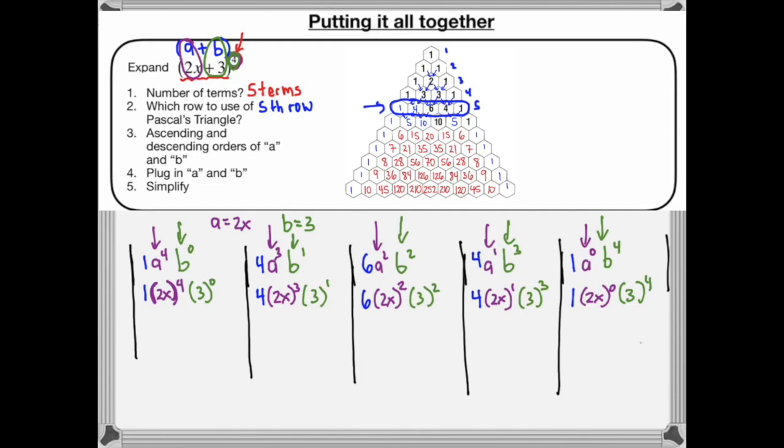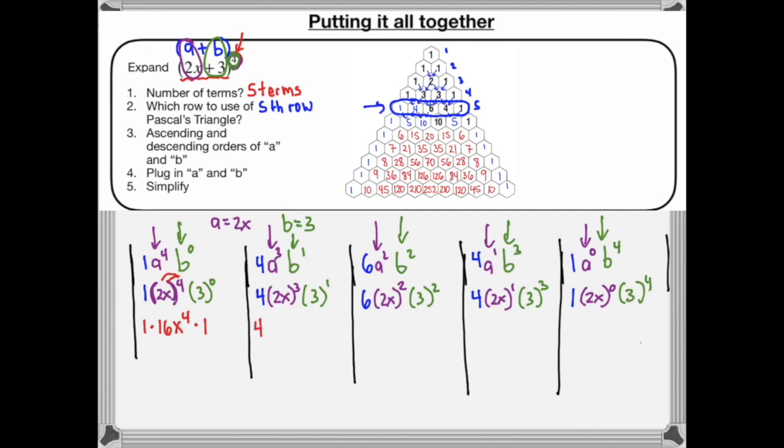Remember, when we clean things up, and I'm going to do each one of these separately here, we have to remember the rules of exponents, okay? So this first term, starting in the first space, we just have 1 times, and this is going to go into each one of those. Let's see, 2 to the 4th power is going to give me 16, and x to the 4th power, and then 3 to the 0 is going to give me 1.